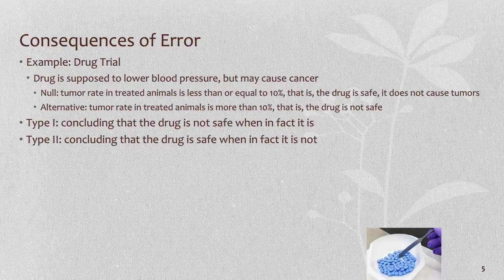So we have a little bit of operational definition here, that the tumor rate in treated animals is less than or equal to 10%, but overall our null hypothesis here is stating the drug is safe. Our alternative hypothesis is that the drug is not safe. So the tumor rate is more than 10%, the drug is not safe, and we want to know, type 1, type 2, what are the consequences of these errors in this situation?